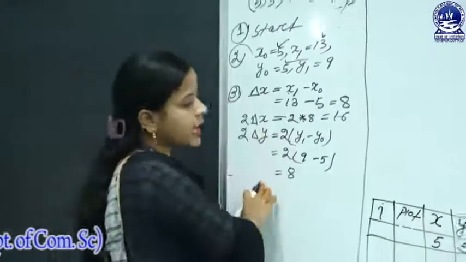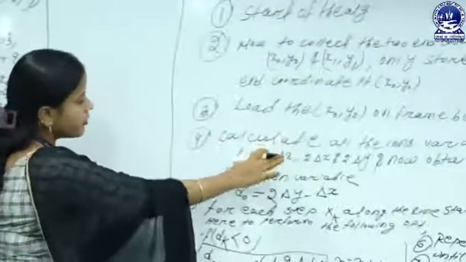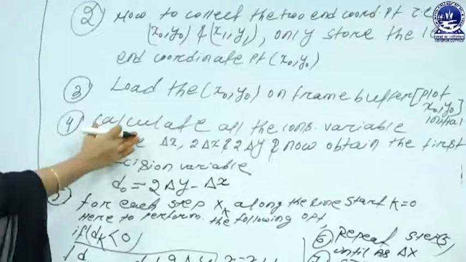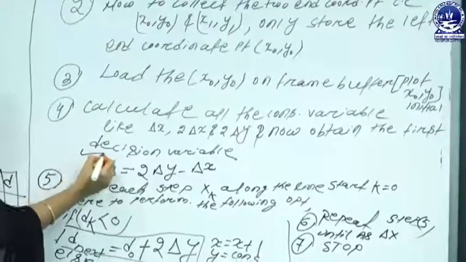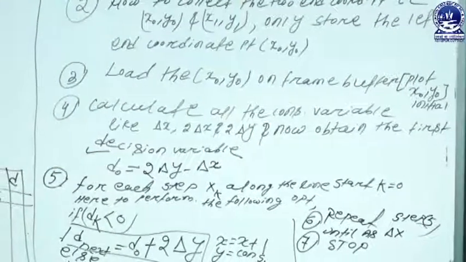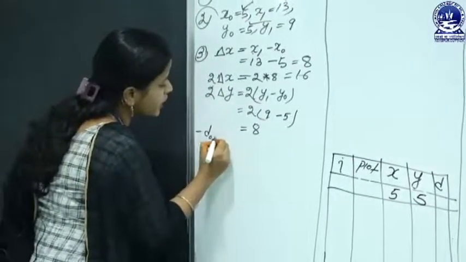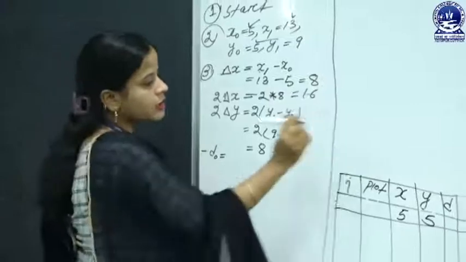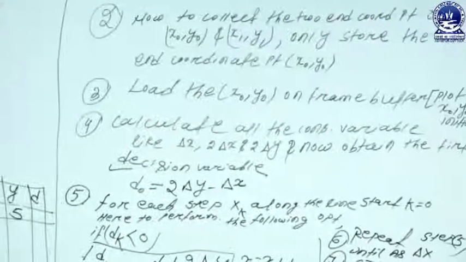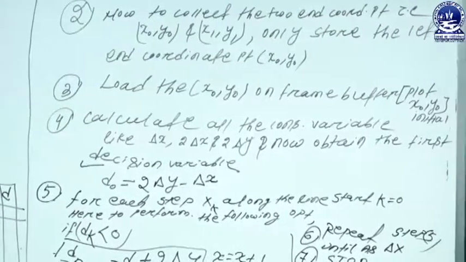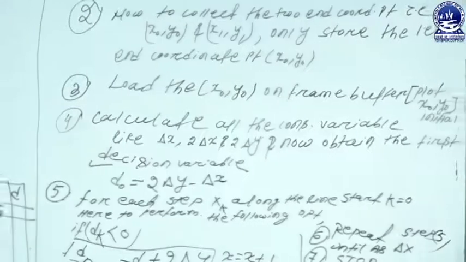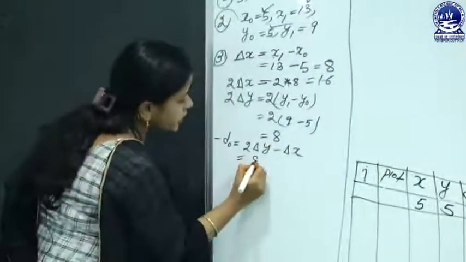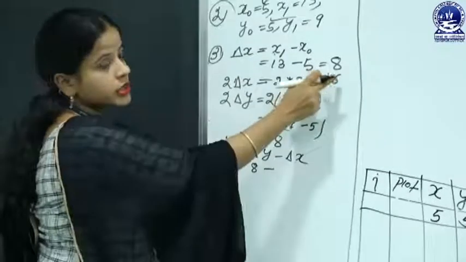So now we have calculated all the constant variables. After calculating them, we find the initial decision variable value, d0. The formula is 2 delta y minus delta x. Here the 2 delta y value is 8 and the delta x value is 8.